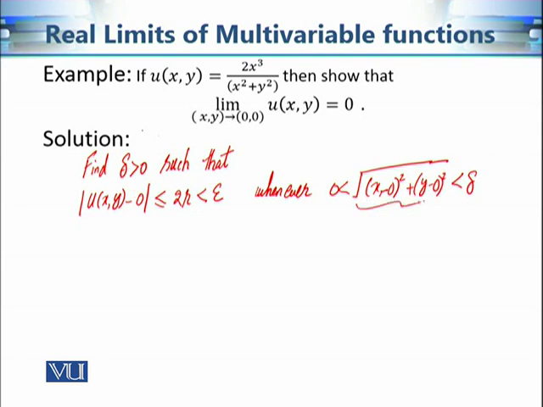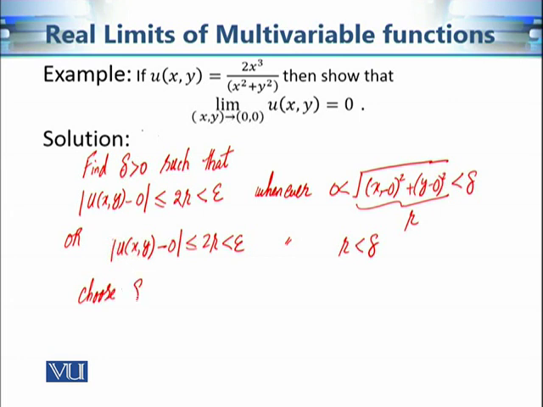Now this expression is in fact r. So we need to find delta such that this distance, which is less than or equal to 2r, is less than epsilon whenever r is less than delta. Now using the observation that if r is less than epsilon by 2, then this expression holds, we can choose delta to be epsilon by 2.